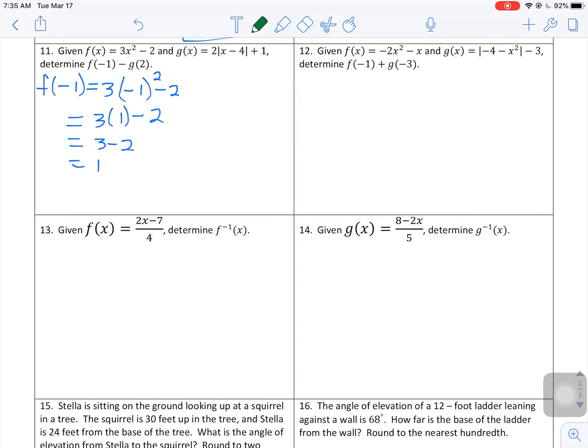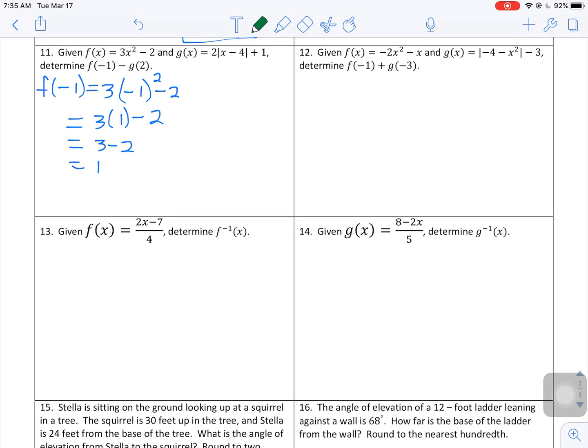Then, off to the side here, I'm going to do g of 2. So g of 2 equals, wherever I see an x, I'm going to put a 2 in, like that. And then remember, with following order of operations, I need to work inside the absolute value bars first. So 2 minus 4 is -2. And then the absolute value of -2 is +2.